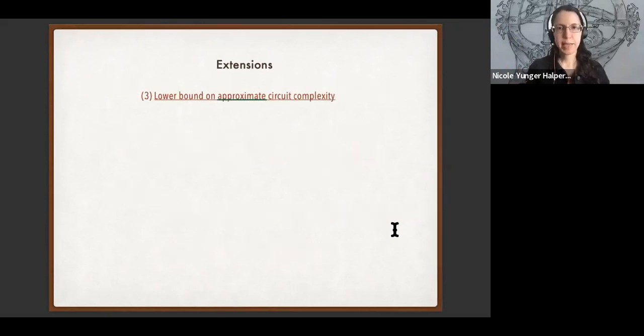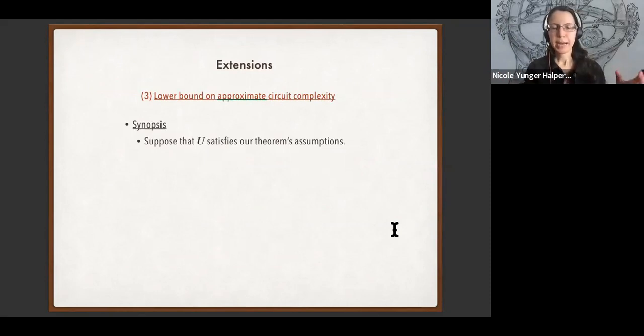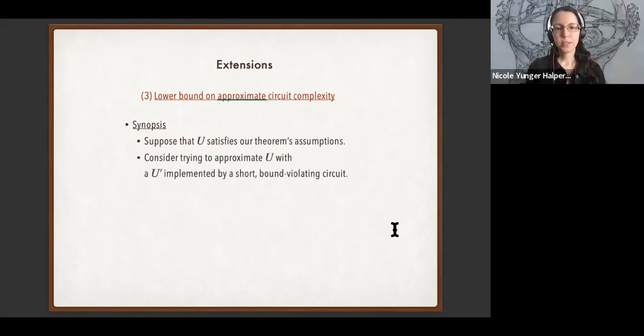Here's what Nima was asking about. What if we want to bound approximate circuit complexity? What do I mean by that? Suppose that we have in mind a unitary U that satisfies the assumptions in our theorem, and we would like to approximate U with a U that you could implement with a shorter circuit, a circuit that violates the bound. We'll call this U prime.